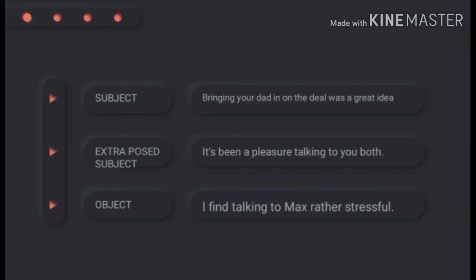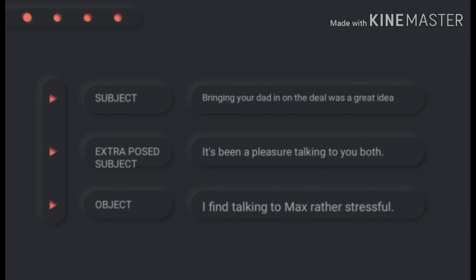And then the next is as object. For example, I find talking to Max rather stressful. In to infinitive, extraposition can occur with object and subject.